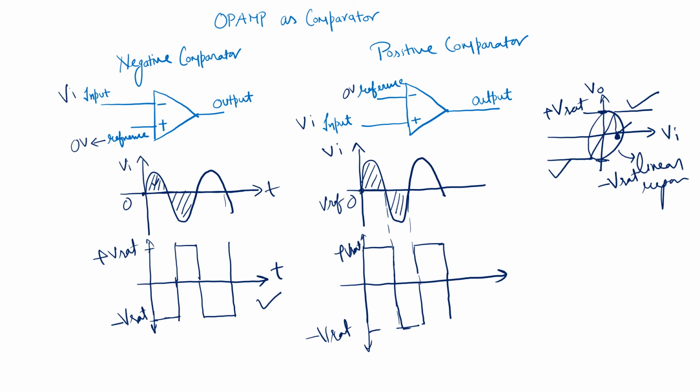So in the negative comparator the output waveform is like this, and in the positive comparator the output waveform is like this. Thank you.